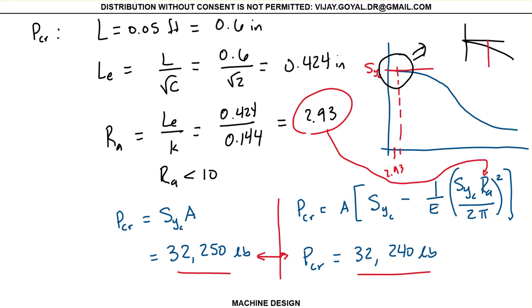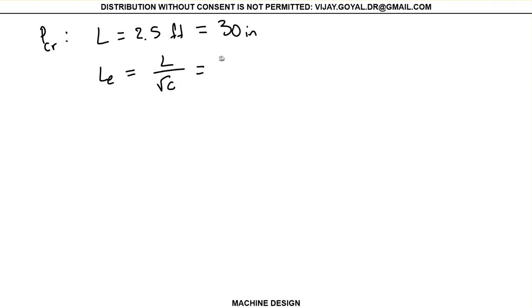Okay, so let's go to your third case where you want to find your P critical, and L was 2.5 feet, and that is equal to 30 inches. So LE is equal to L over square root of C. That will give you 30 divided by square root of 2, which gives you 21.21.